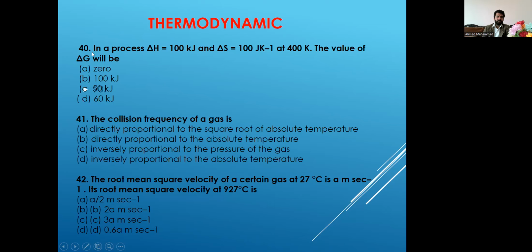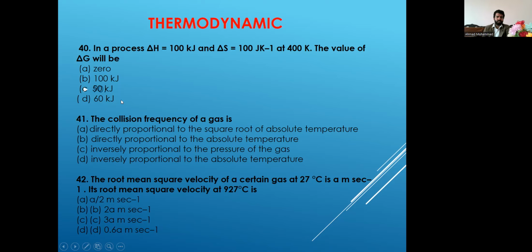And for question 40, in a process when the change in enthalpy is equal to 100 kilojoule and the change in entropy is equal to 100 kilojoule per Kelvin at 400 Kelvin, then the value of change in Gibbs free energy will be equal to 0, 100 kilojoule, 50 kilojoule, or 60 kilojoule.